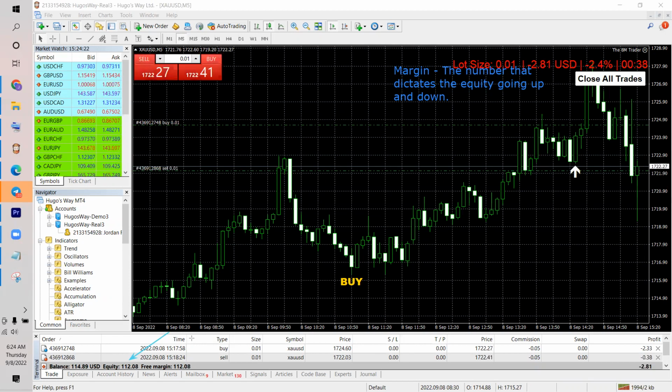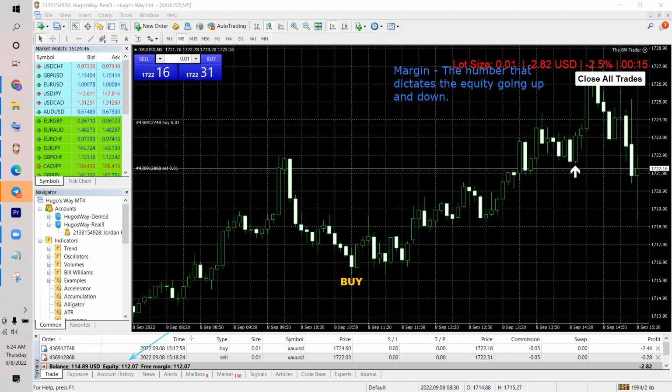Now, because we don't have a margin icon appearing anymore, that means that we don't have to worry about staring at the computer, closing a trade, or panicking that the trade didn't go our way. We simply place a trade in the opposite direction.